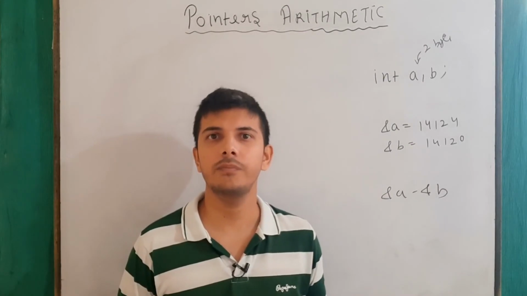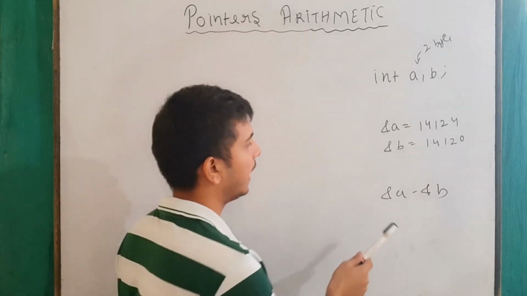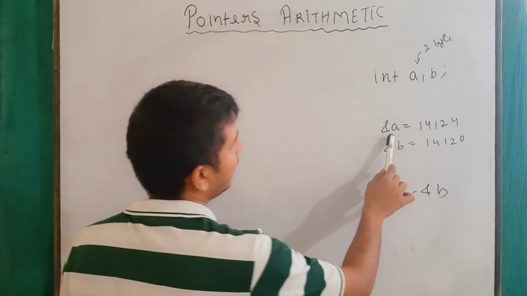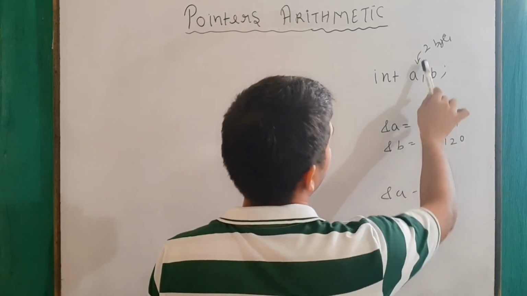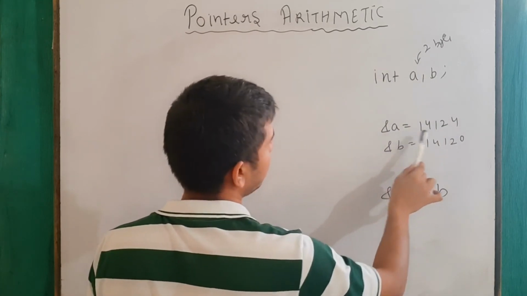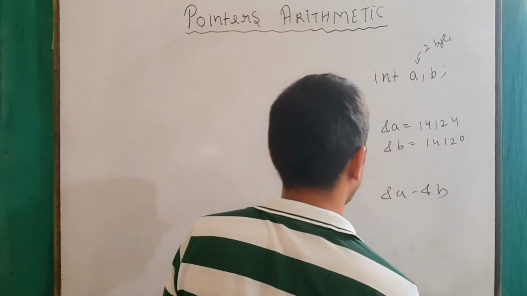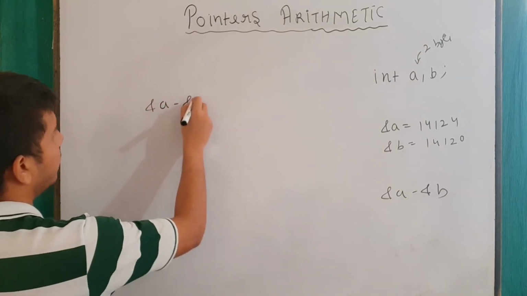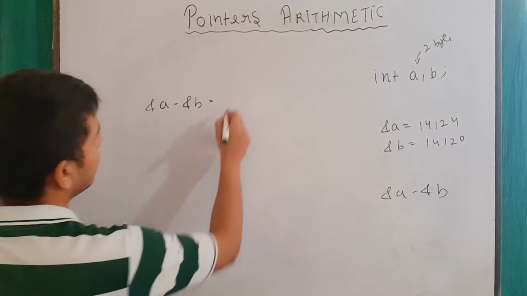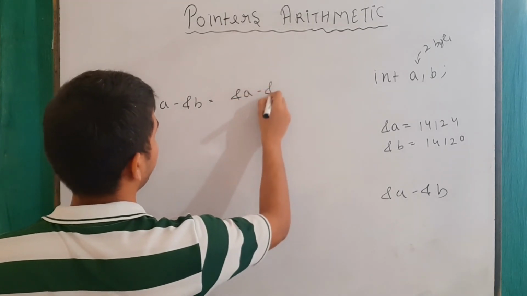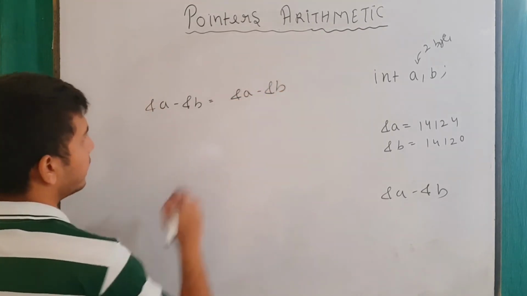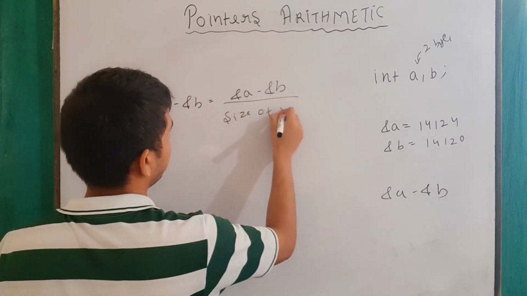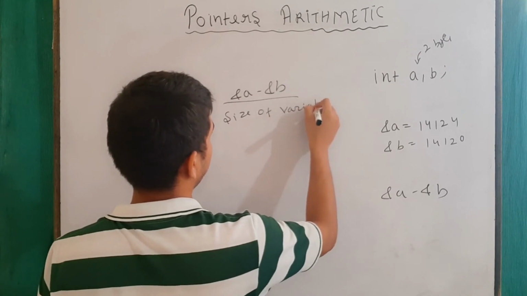Now there is one more important point: what happens when an address is subtracted from another address. Here I have written two variables A and B, which are of 2 bytes, and the address of A and the address of B are given. The formula to solve is, let's say, address A minus address B. First we find the difference, then we divide by the size of the variable.